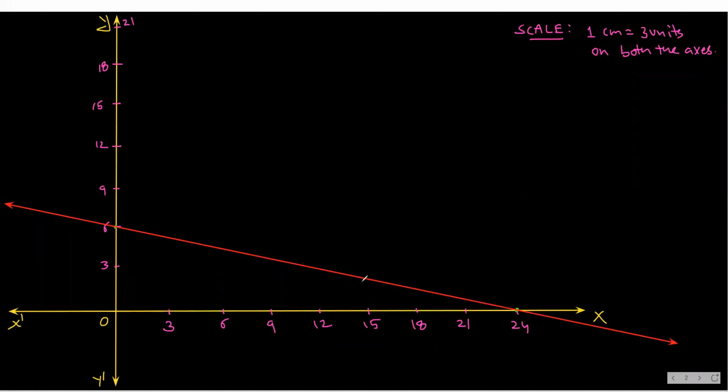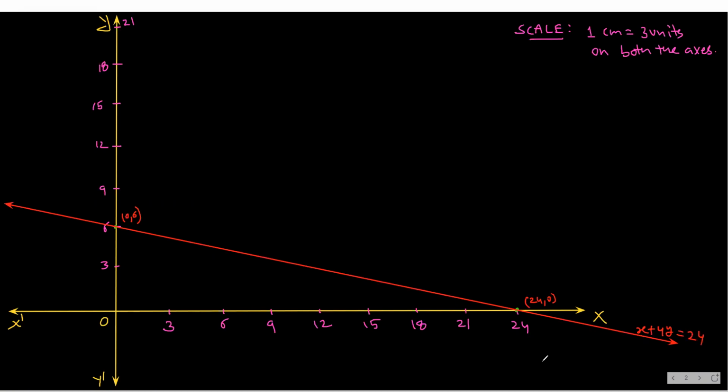And see, this is the line which is passing through (24, 0). This point is (24, 0), and this is (0, 6). And what is the line? I write the equation of the line: x plus 4y equals 24.